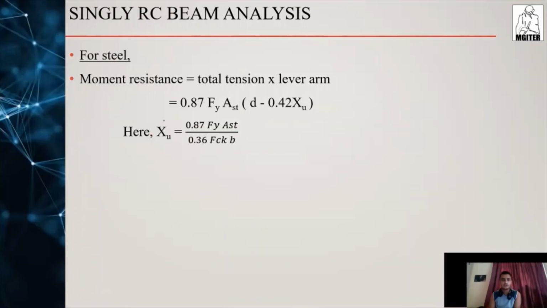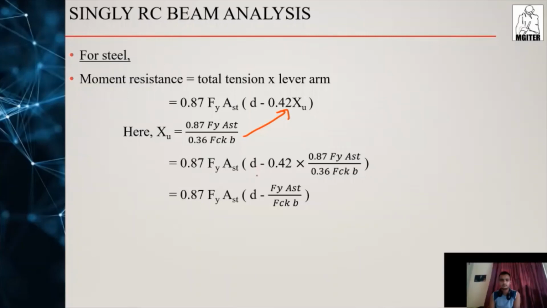And for the moment of resistance for the steel, that is the total tension zone, for the total tension, it is 0.87 fy Ast into d minus 0.42 xu. These are the equations. The xu equation is there. After analyzing the equation, all these values become 1.